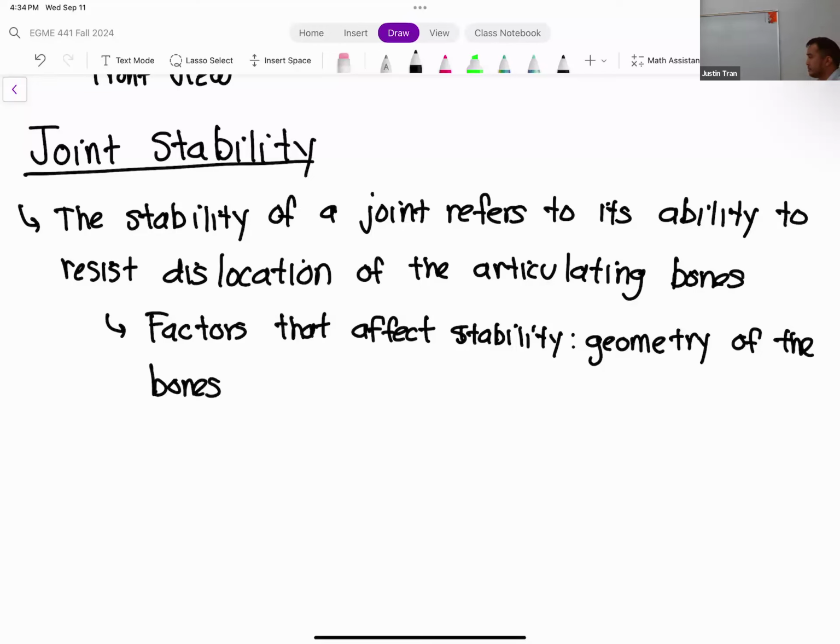The way certain bones fit together naturally forms a much more stable joint. We'll see that when we compare the hip joint to the shoulder joint.